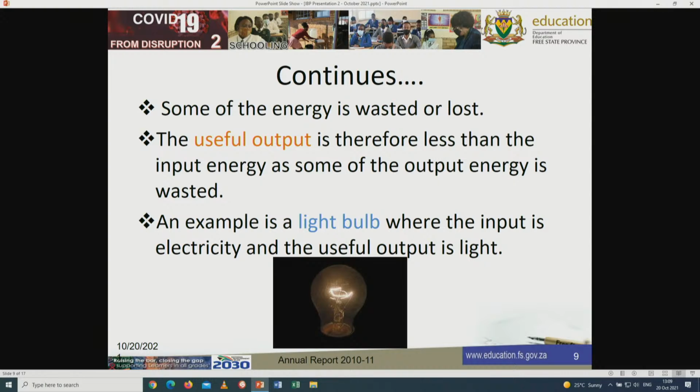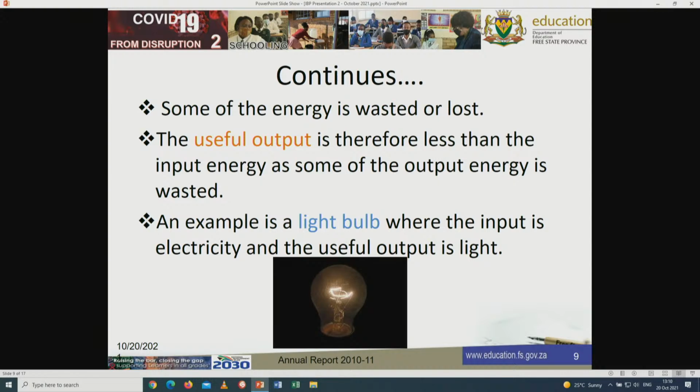The useful output energy is therefore less than the input energy, as some of the energy is wasted.